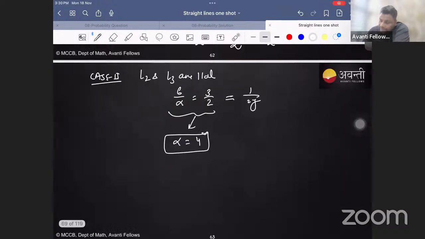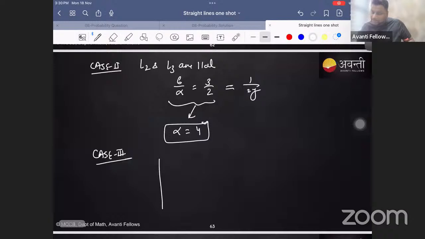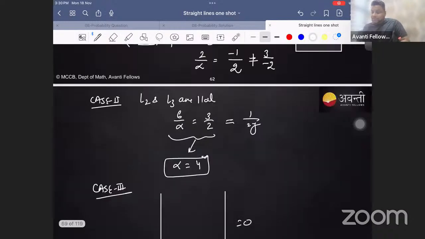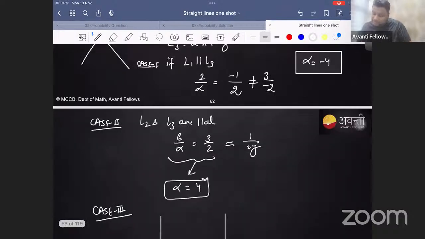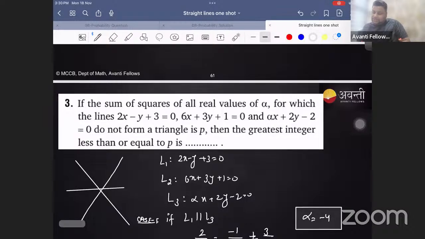Got it? Now case 3. If these three lines are concurrent, then the value of the determinant formed by their coefficients is going to be 0. So the first line coefficients are 2, minus 1, 3. The coefficients of the second line are 6, 3, 1.